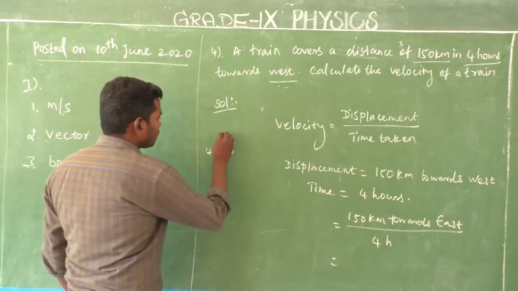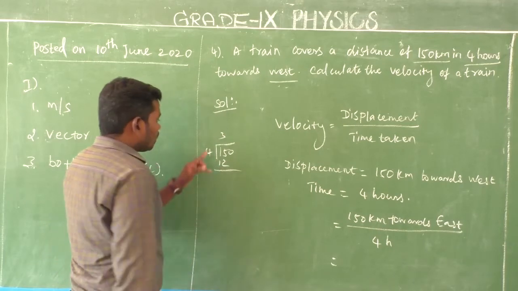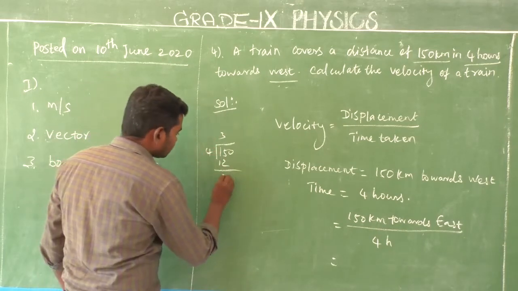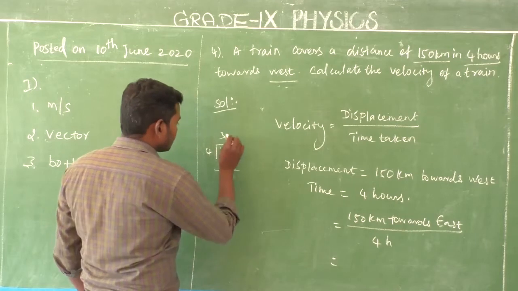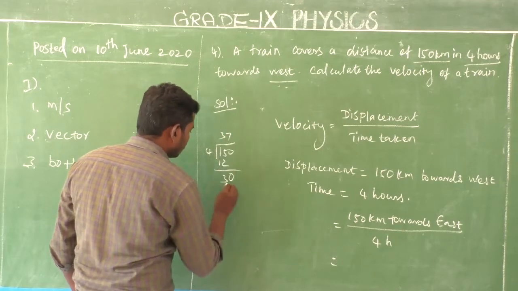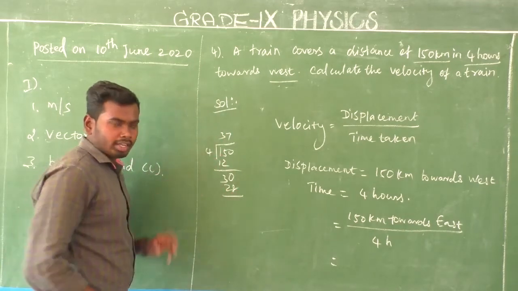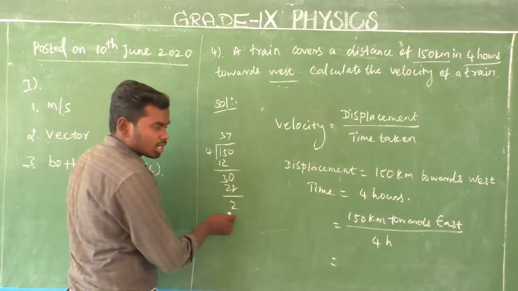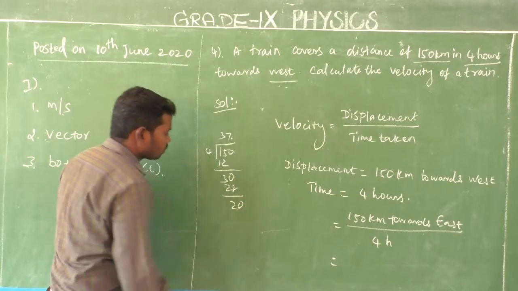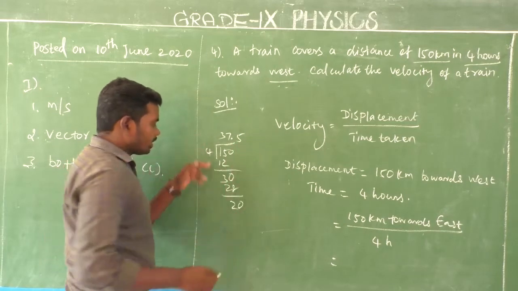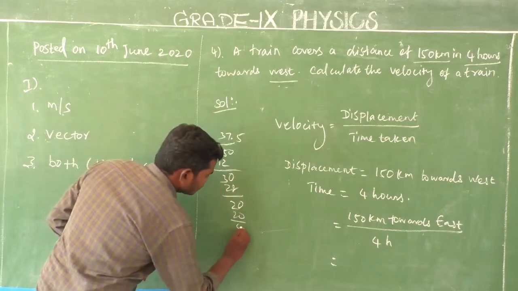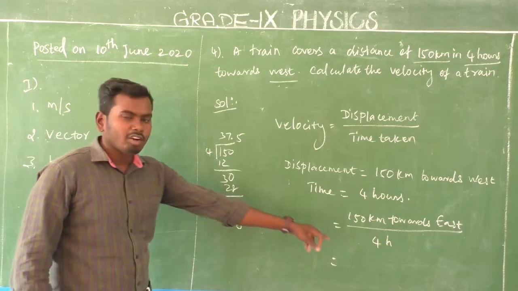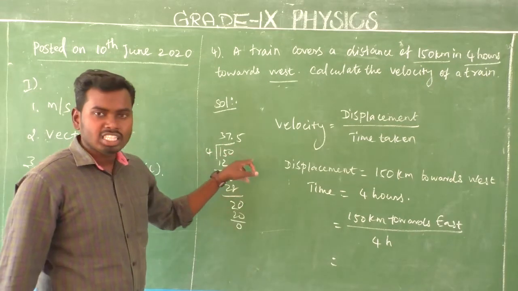What is the value? 4 into 3 is 12, remaining 3, 0. 7 into 4 is 28, and the remainder is smaller, so put a dot and add a 0. 5 into 4 is 20, remaining 0. So 150 divided by 4 is equal to 37.5.